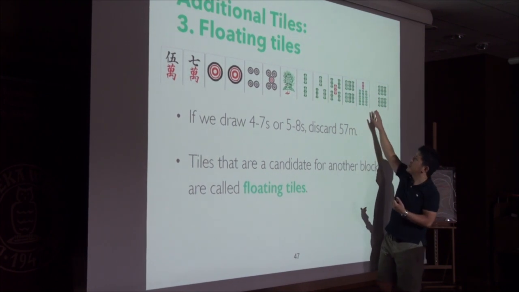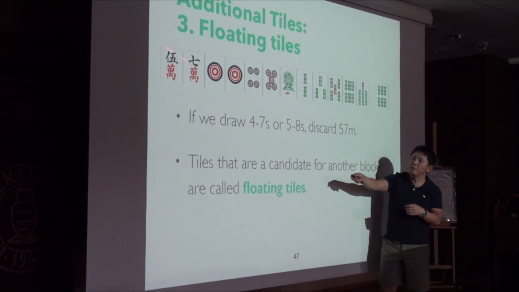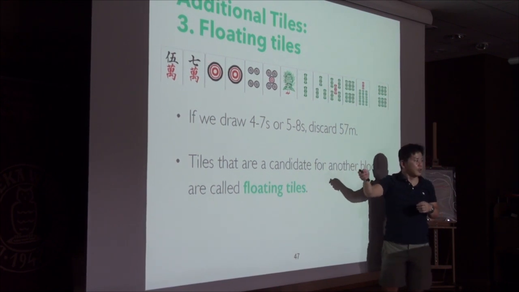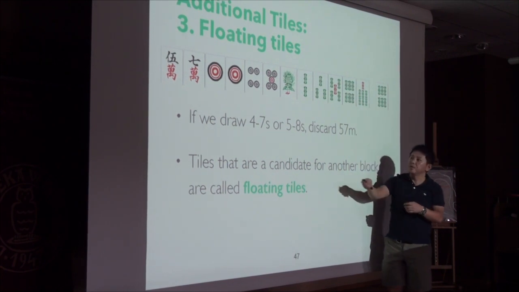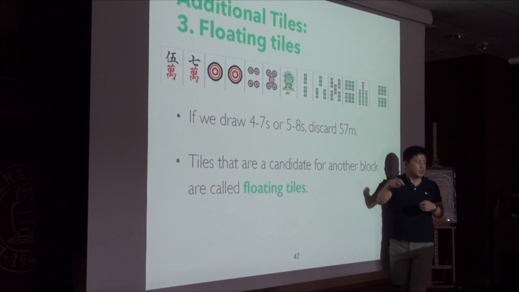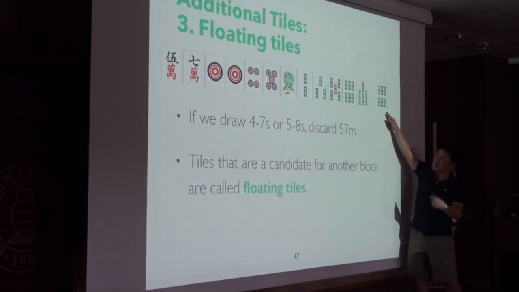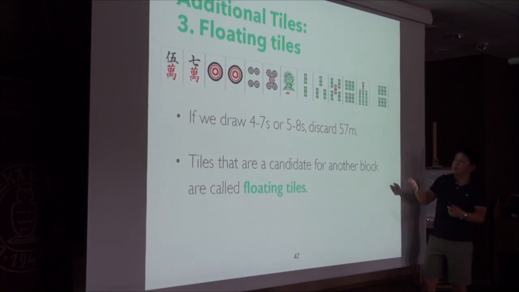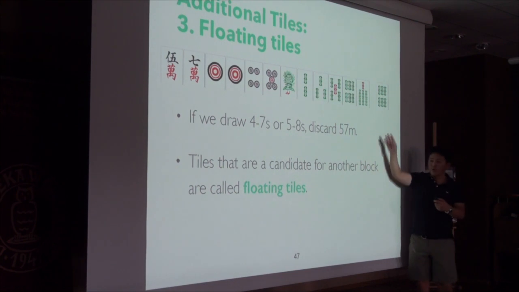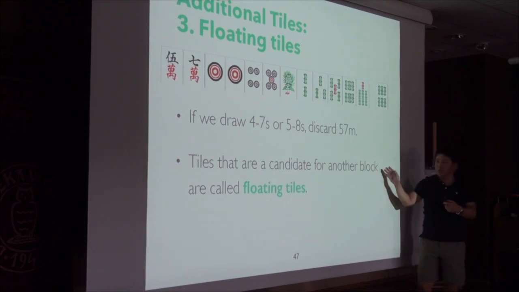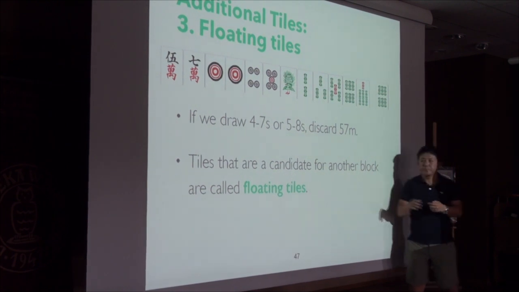And then once we draw 4-7 or 5-8, you're gonna discard 5 and 7 character, because we have a sideways proton, so this is less useful now, right? So a tile that allows you to accept more tiles to have more blocks we'll call a floating tile, right? Floating tiles are tiles that are floating, and that can later become another block, right?